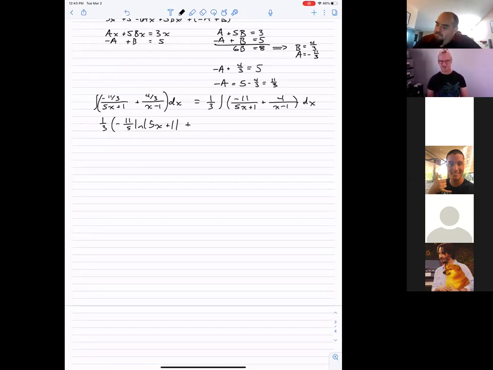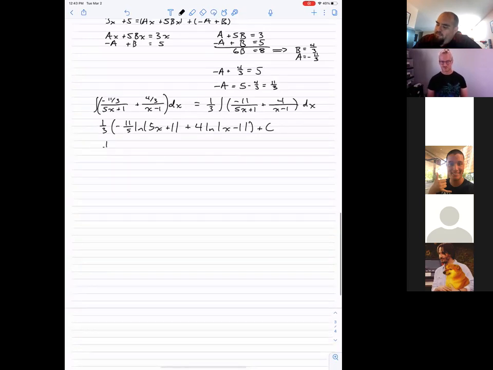Just 4 ln x minus 1. Yep. And then I'll reincorporate that 1/3 over there. So I get negative 11 over 15 natural log of 5x plus 1 plus 4/3 natural log of x minus 1 plus c.